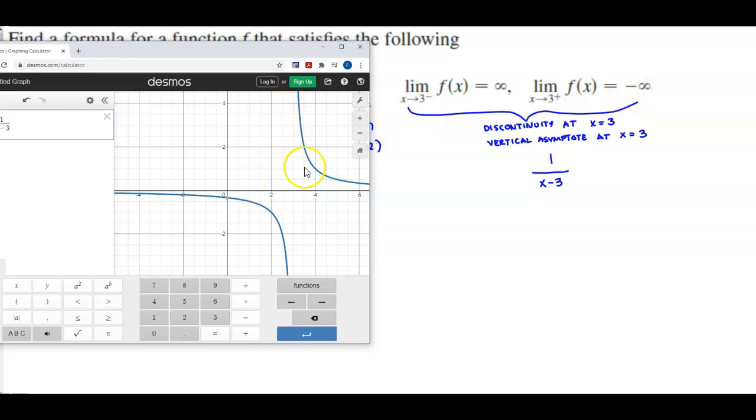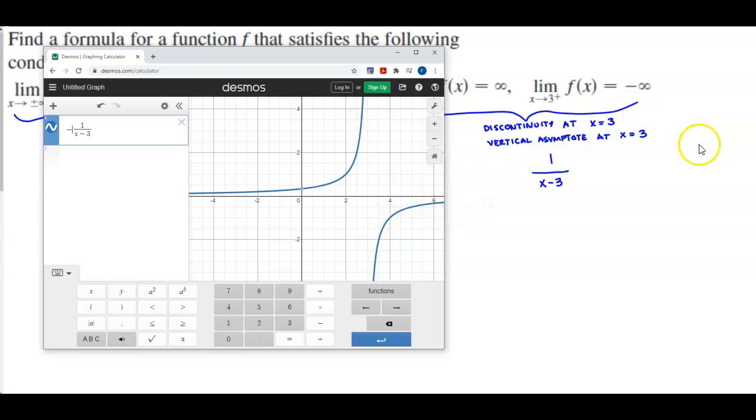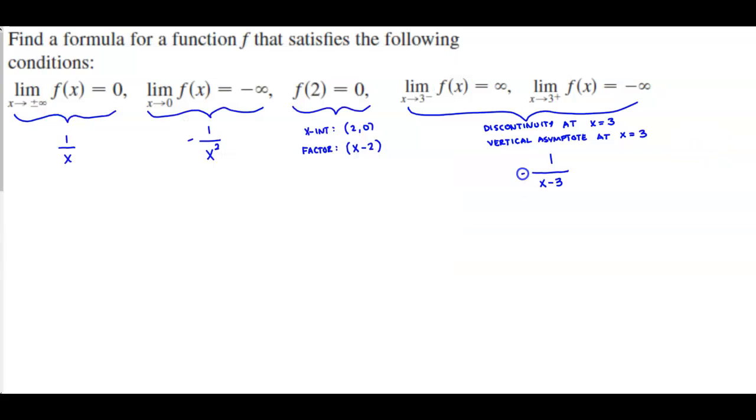If we want to flip this by reflecting it over the x-axis, then we would add a negative to that. Now as x is approaching 3 from the left, it's going to positive infinity, and as it is approaching 3 from the right, it's going to negative infinity to satisfy that particular requirement.